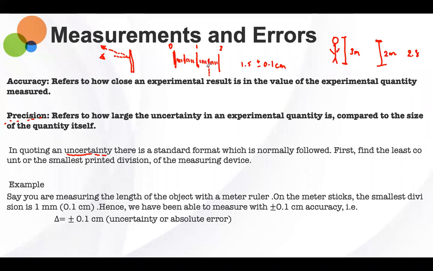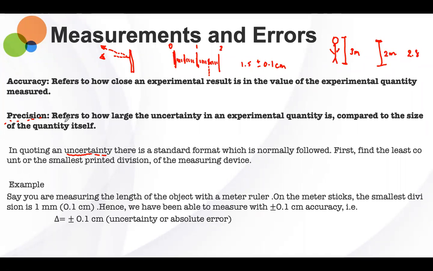You cannot have, say this was 1.5, and then you're going to tell me that the uncertainty is plus and minus 0.5, right? That is not precise. So we have to say something like plus and minus 0.1, right? That is very precise. Are we all clear on precision and accuracy? Yes, sir. All right.